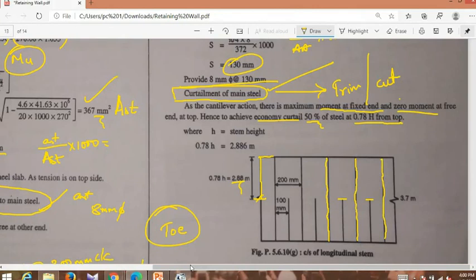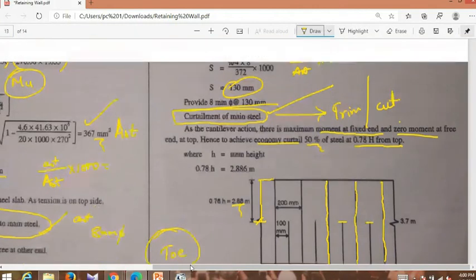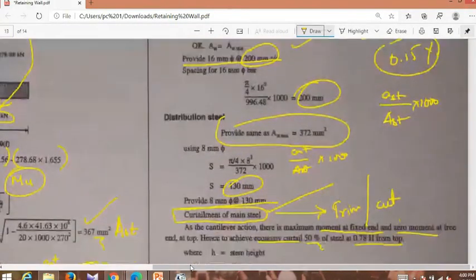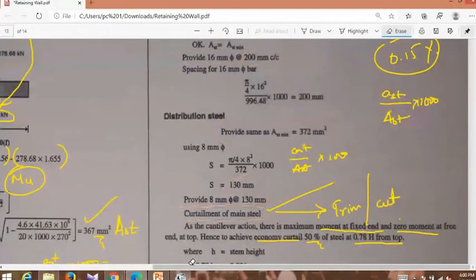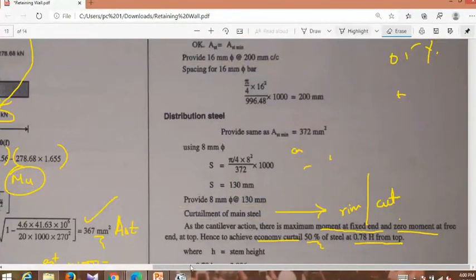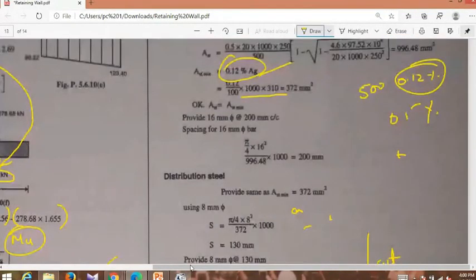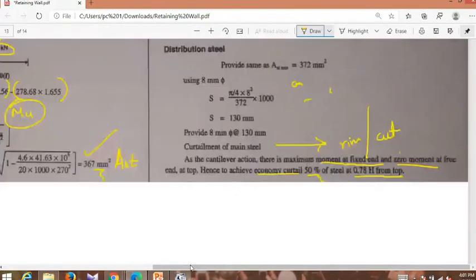And one more thing, what was the spacing here? We have 100 mm spacing. If you see here, one second. Okay, providing 16 mm at 200 mm center to center distance, correct?